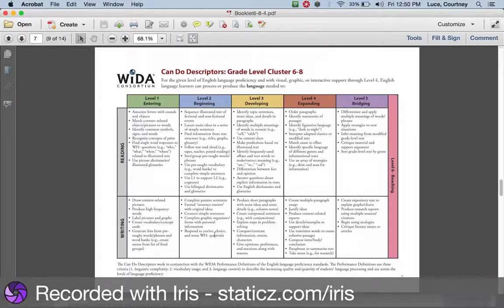For example, in speaking, responding to yes or no questions was at level 1. But in writing, it's at level 2, because it takes a little bit more to produce the writing, and that generally develops more slowly. So can-do descriptors are going to help you figure out the language function. Like I said, you're going to bring the content piece.